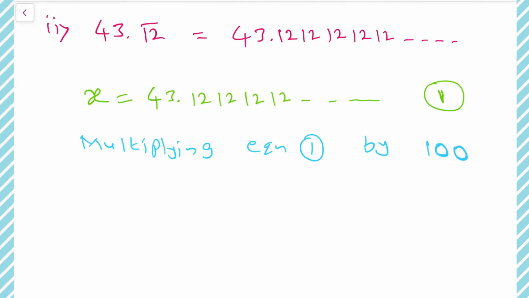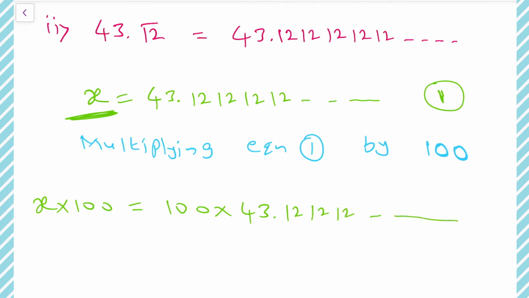Okay, now if we multiply equation 1 by 100, on the left side we get x into 100, equals the right side also the same, 100 into 43.121212 and so on. If we simplify this further, 100x is equal to 100 into 43.121212 and goes on.